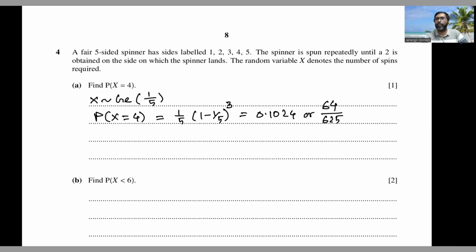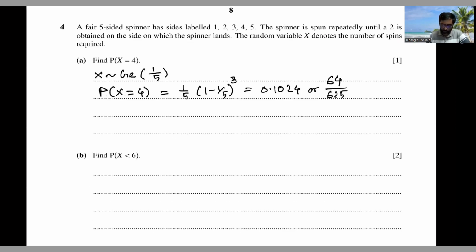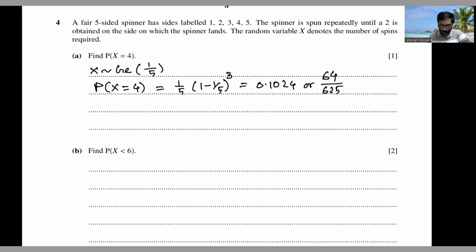Now, in part B, you have to calculate the probability that the total number of spins required is less than 6. So X less than 6. Since it is a geometric distribution, you can use the direct formula for geometric distribution. X less than or equal to r is 1 minus q to the power r.